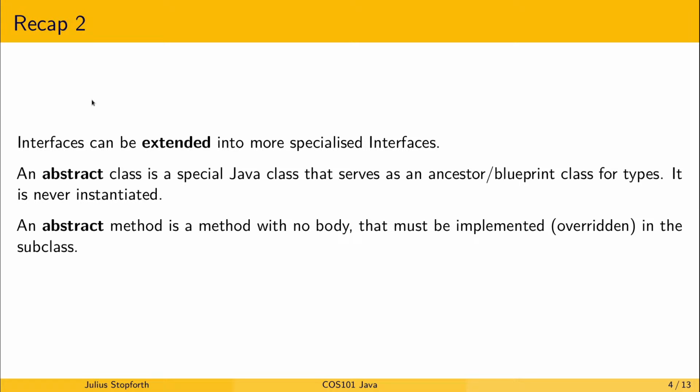Then we had this idea of an abstract class, which is a special Java class whose only purpose is to serve as an ancestor or a blueprint class for related types. We never instantiate an abstract class. In fact, it is illegal to do so. We don't use the new keyword on our abstract class.